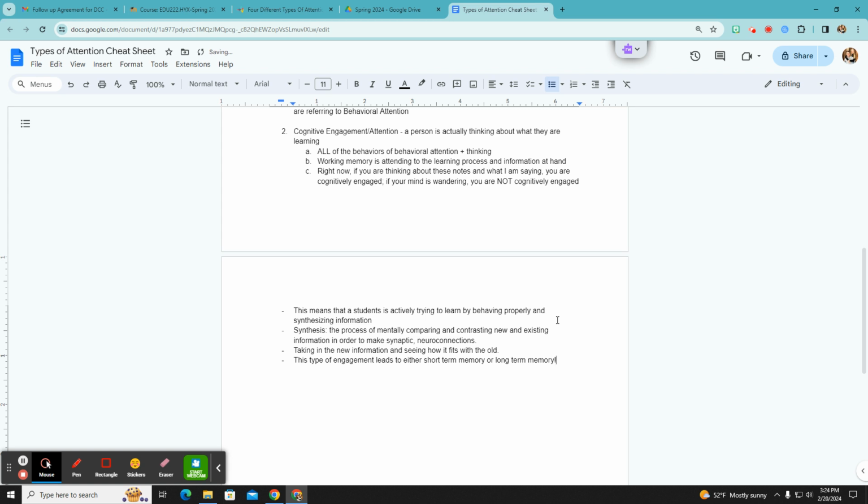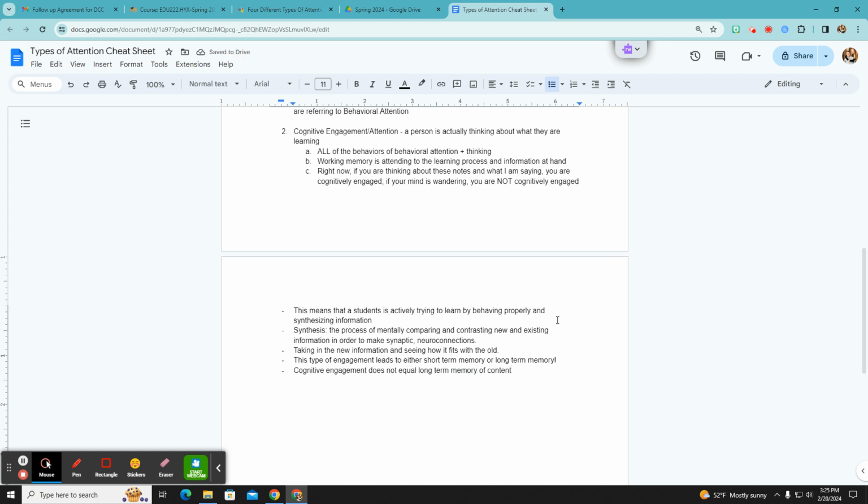In other words, someone can be behaviorally engaged and cognitively engaged, but only store the learning in short-term memory. This doesn't mean it sticks. You can be cognitively engaged and it doesn't stick. Cognitive engagement does not equal long-term memory of content.